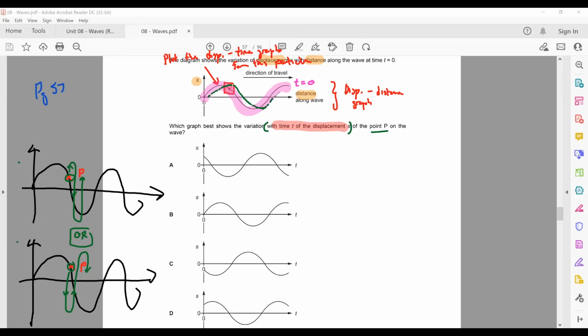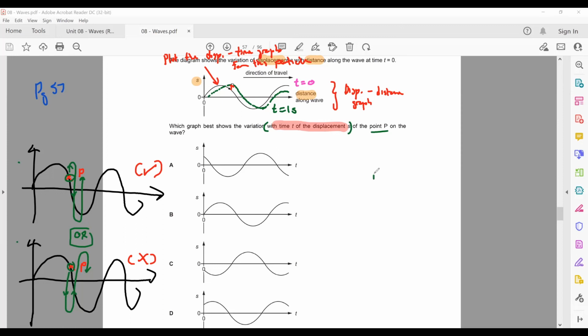Just plot it slightly away. This one could be the wave profile at 1 second later. Once you plot the wave profile shifted a bit towards the right, you will be able to see very clearly that particle P is actually trying to move upwards. So you then know that this one should be the correct one. This one is out.